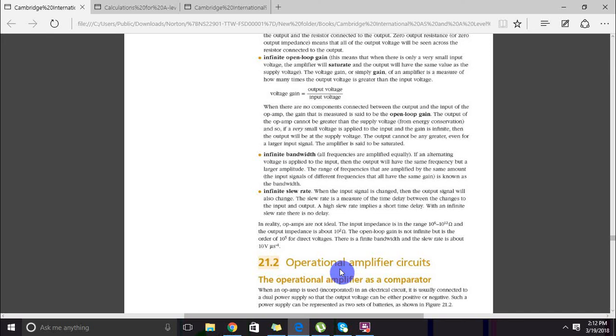So just as in the communications topic, bandwidth has to do with a range of frequencies. All frequencies are amplified equally. They're not always, because when you're using a telephone, your voice is going to sound weird to the one on the other end, because the words that you're saying are going to have a lot of frequencies.